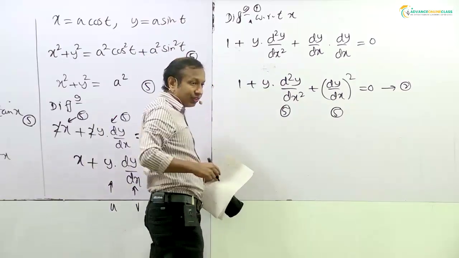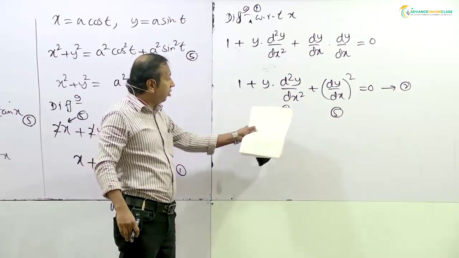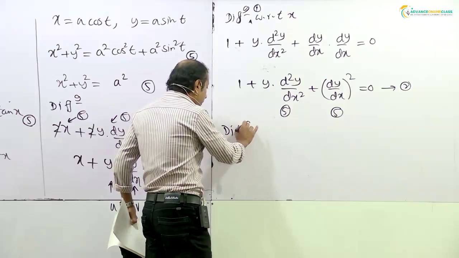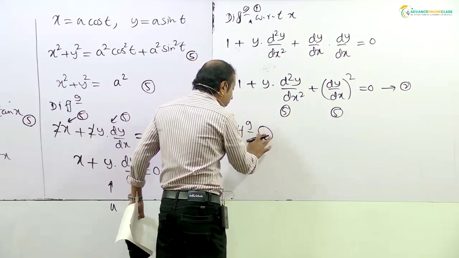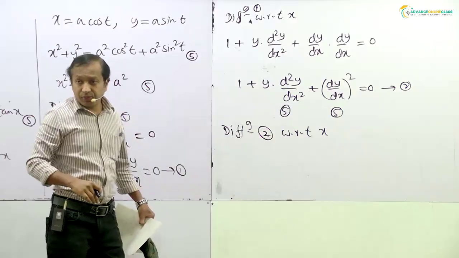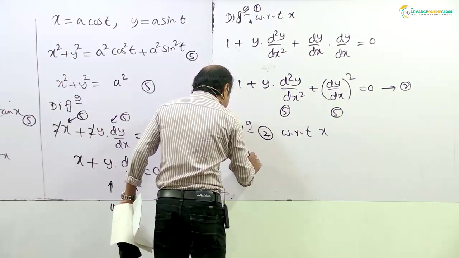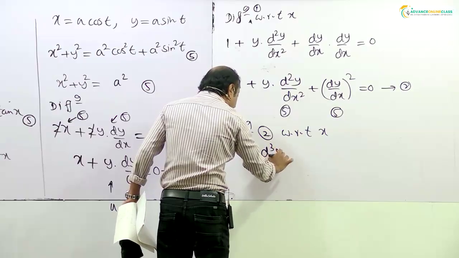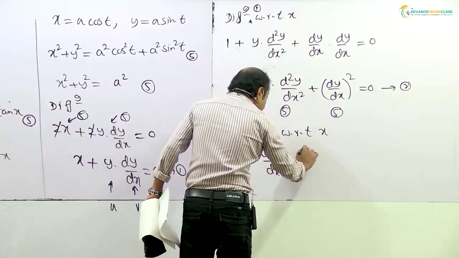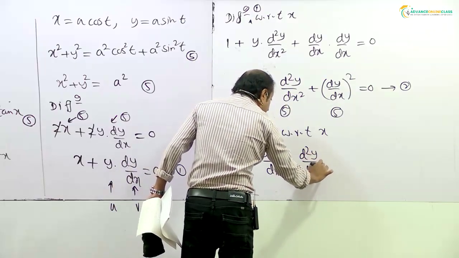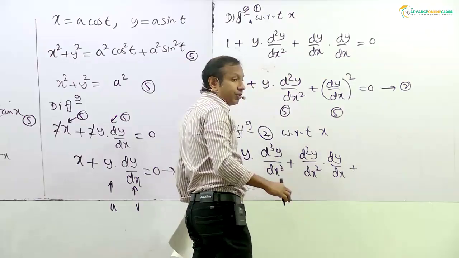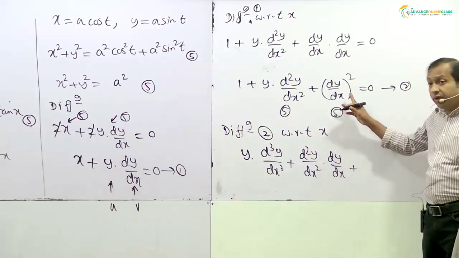Now number 2, again we differentiate. Here we take u into v. Differentiating number 2 with respect to x: here the constant gives 0. Here keep y the same, here the third derivative, plus keep the second derivative d2y over dx2 the same, and the derivative of y is dy by dx. How to differentiate this now?